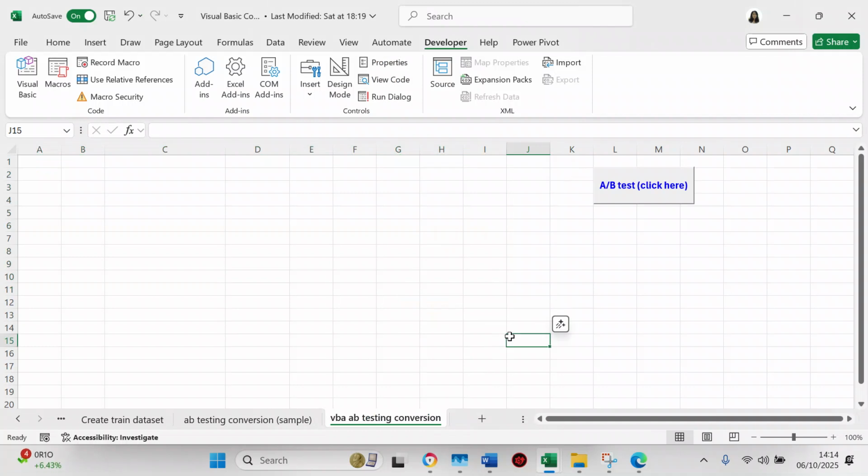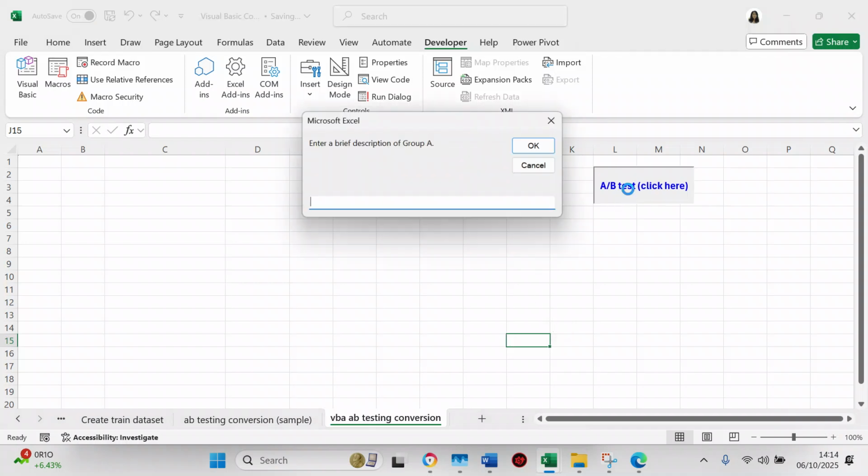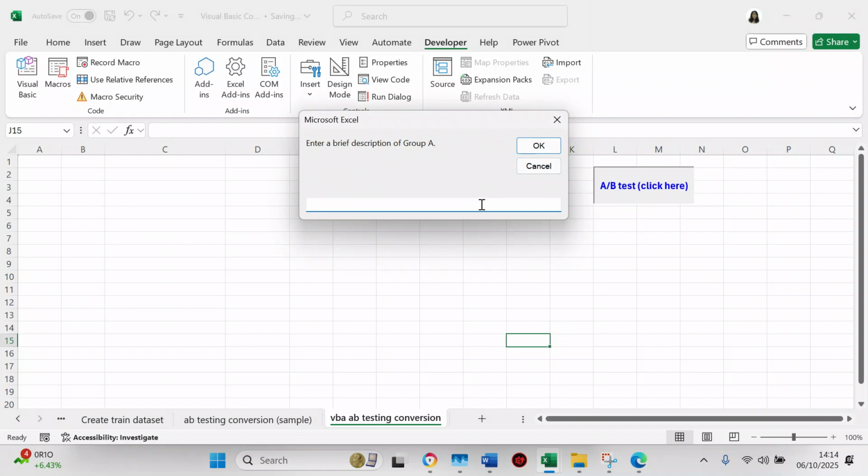Now we're going to do an A/B test in Visual Basic with a program that I've written. So we're going to click on test A/B. Brief description of Group A. We're going to say a website with green coloring.